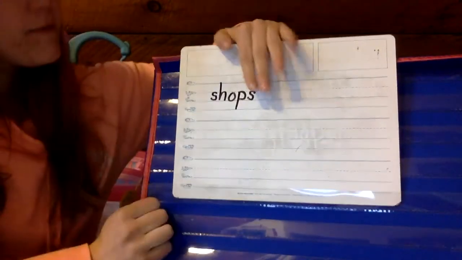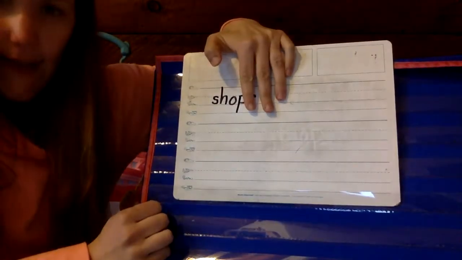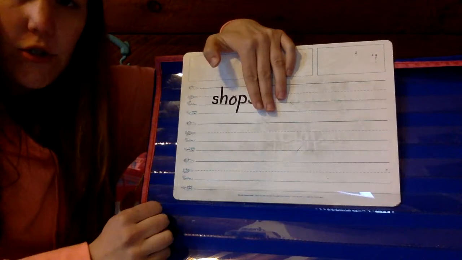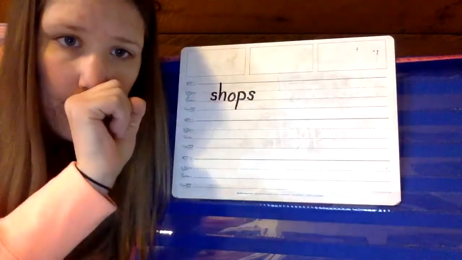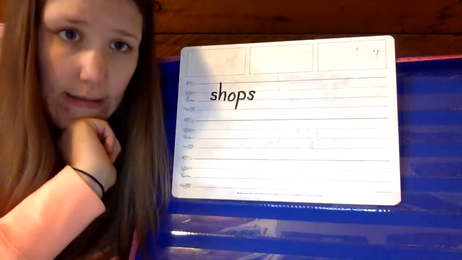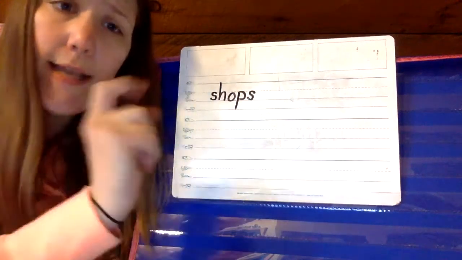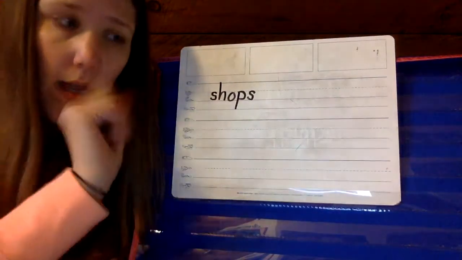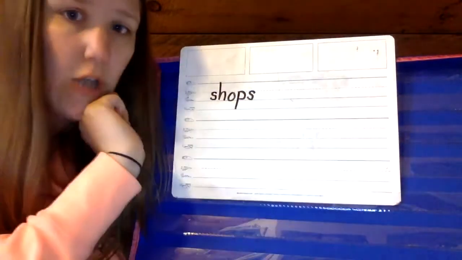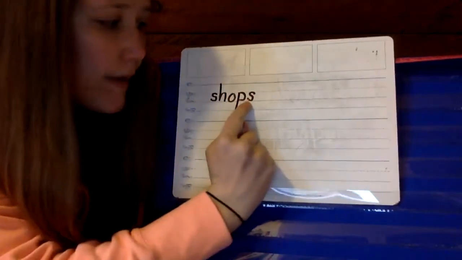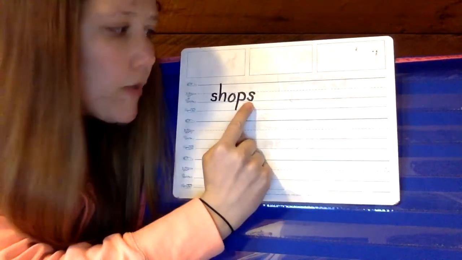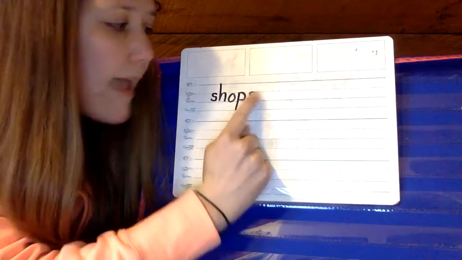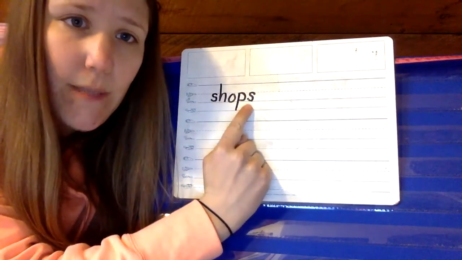Before we added that S, and it was just shop, we were talking about one shop. So in a sentence, it might be, do you want to go into that shop over there? Talking about one specific shop. But now that we've added this S, this is a suffix S. So we've added it and it's changed the meaning.